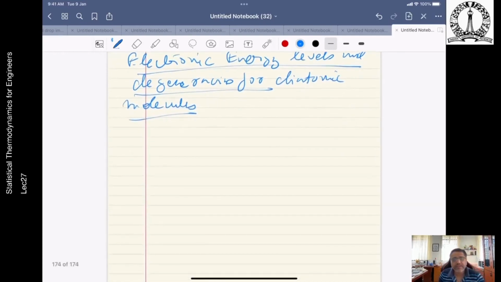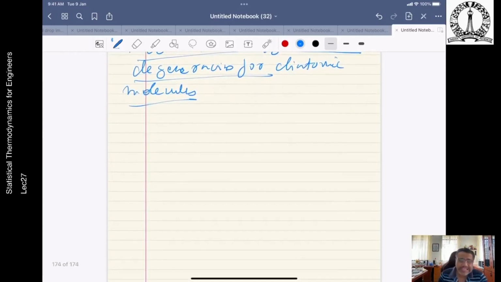All right, okay. Now, a diatomic molecule is a little bit different.